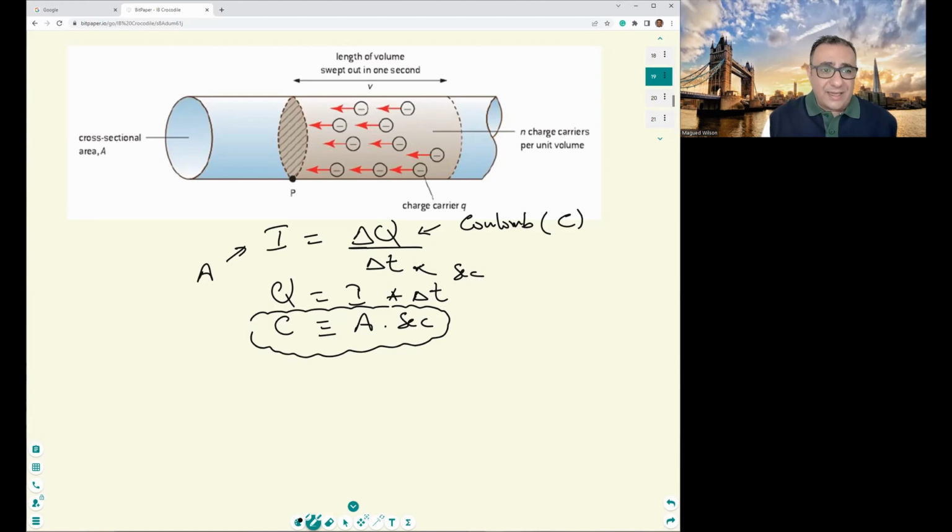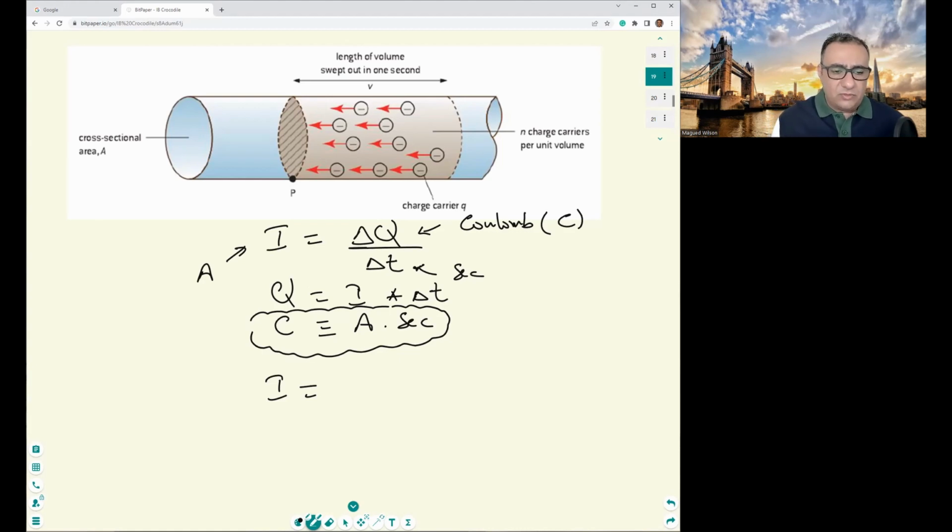Now, the second quantity I would like to discuss. There is a formula in your data booklet in topic 5. Let me first write the formula. It links I, also electric current intensity.